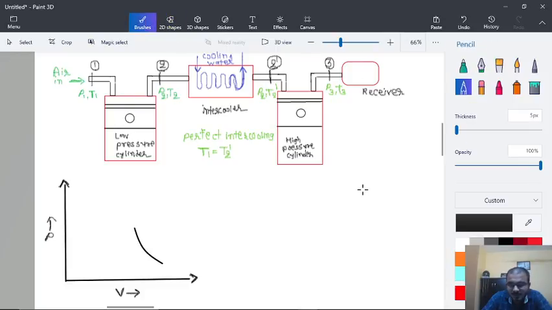As far as nomenclature is concerned, here we have 1, 2, 2 prime, that is happening at the first stage. So we can also say that this is the first stage compression.